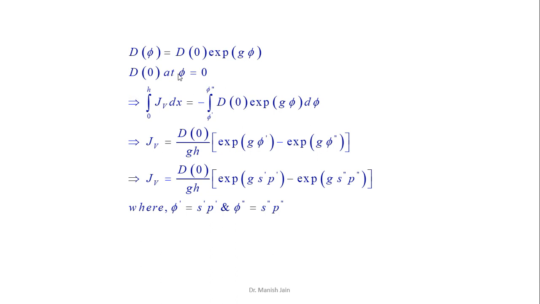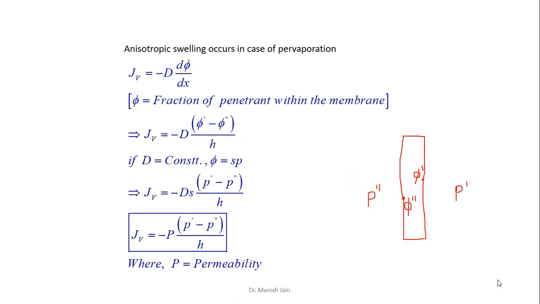D naught is the diffusivity when phi equal to 0. Now we can substitute this term in the original Fick's law. So this is the original Fick's law, JV equal to minus D d phi by dx. We substitute the value of diffusivity D as a function of phi in this equation.